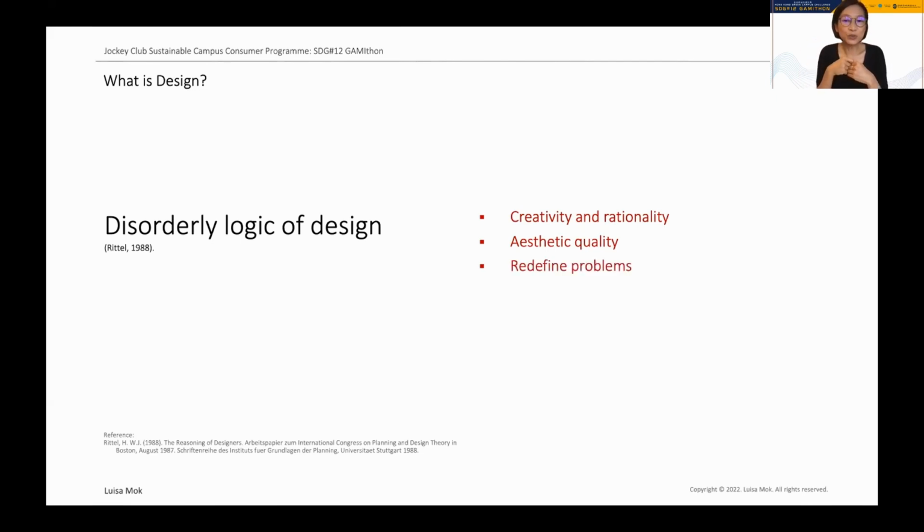And then a third attribute will be redefining problems. So I would think that the designers, we seldom take the design brief as a checklist and then we tick, tick, tick, tick. So usually we will look at the problems, examine the problems, redefine it, because we want to provide the right solutions, the good solutions for the right problems.